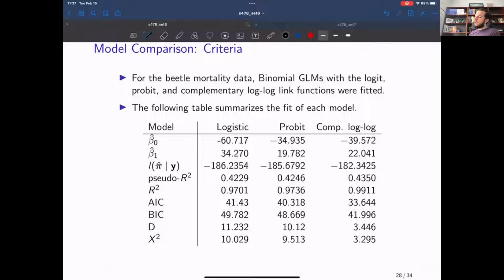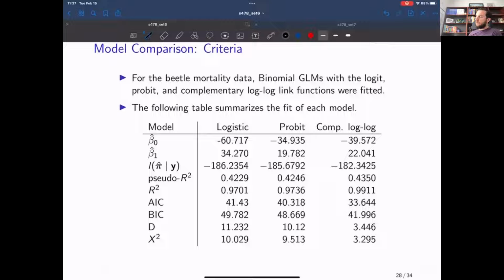All right. So for that beetle mortality data that we have been using to illustrate the majority of these different measurements, I have fitted the logistic model or the probit and the complementary log-log model, and I have computed these same values for those two models. All right, so in this table, we have a summary of all this different output.